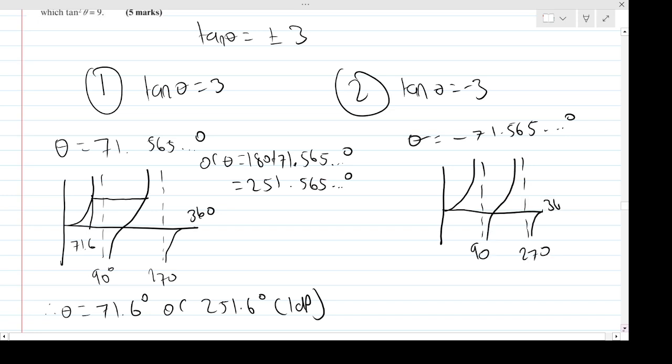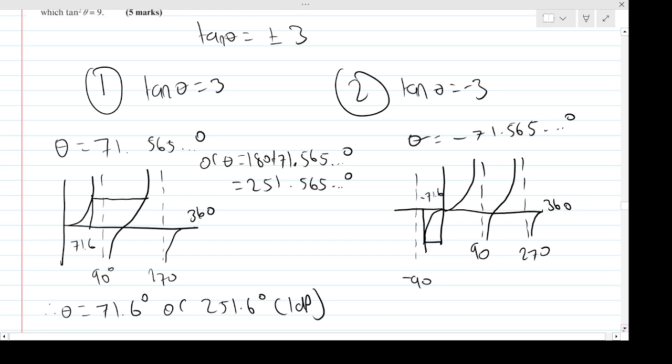There we are. Now, our angle is negative 71.6. So if we continue our graph on, we have minus 90, and minus 71.6 would be about there, right?